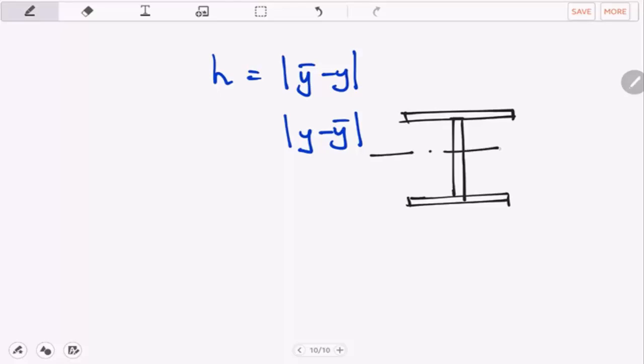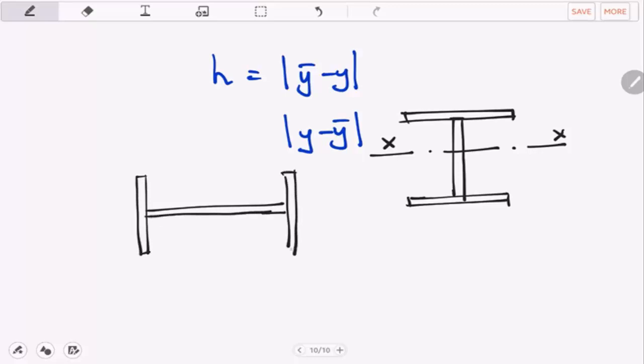So we're going to use the IXX values. If your I section is placed like this, then you use Y values. You get it? So from the red book, you are going to select IXX because it is placed upright like this. So let's go in the red book.